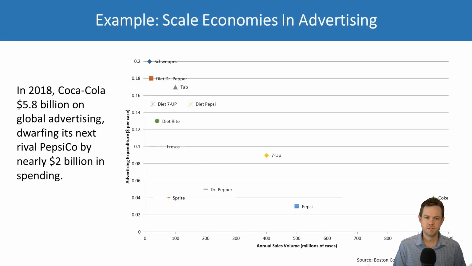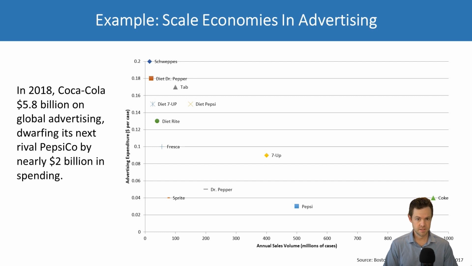As an example of this, here is the scale economies in advertising. Coca-Cola spends more money in advertising than any of its rivals. In 2018, it was $5.8 billion. Pepsi, the second closest, was $2 billion behind that. But because of the huge additional volume that Coke has, they have a lower advertising cost per case of soda than most of their competitors.